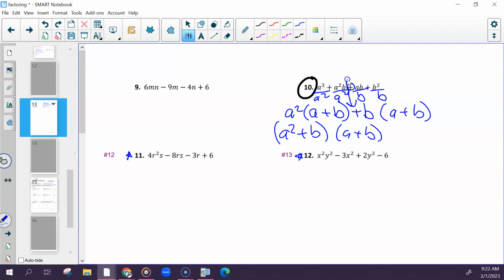I was just looking to see if there were any on the practice page. Look really fast on the very last practice page to see if there are any you want to see, go over, have questions on. Three and 7.